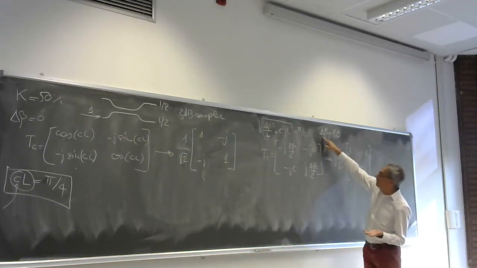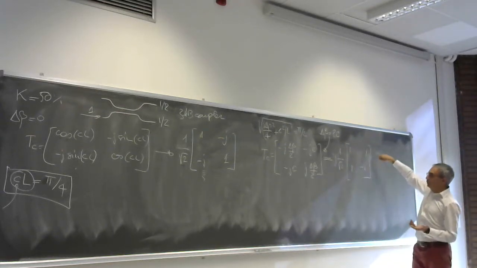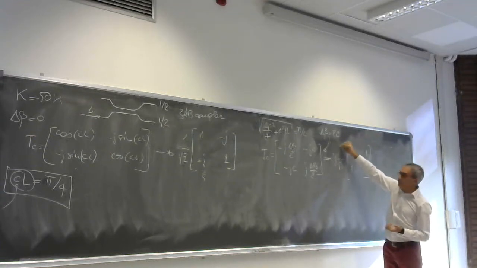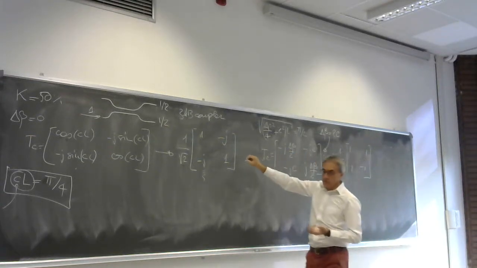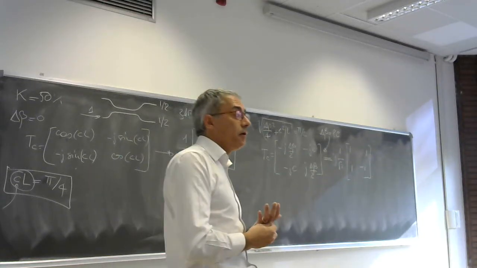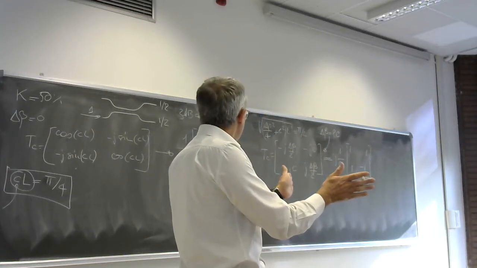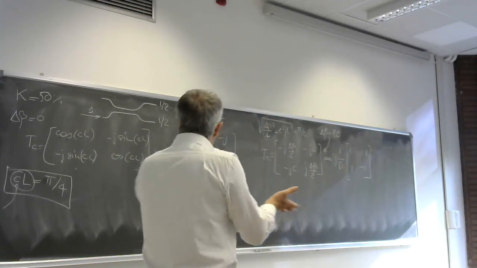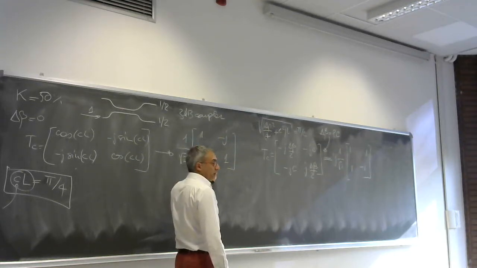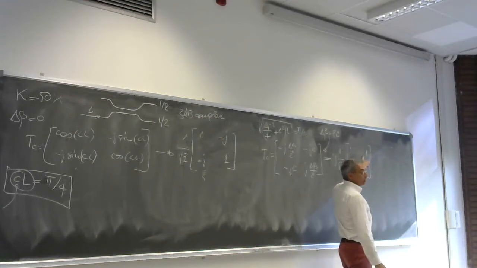So you have delta beta equal to 2c. So everything becomes equal to 1, and you have this term in front. So you see the two matrices from the intensity point of view are exactly the same. So both split in two. The only difference is the phase of the output. The two outputs are in quadrature here, and here are in phase.